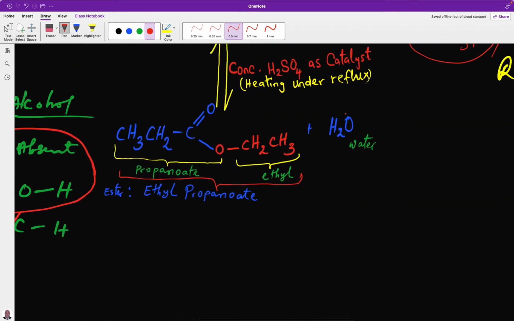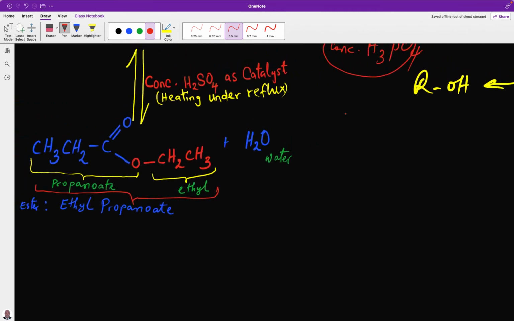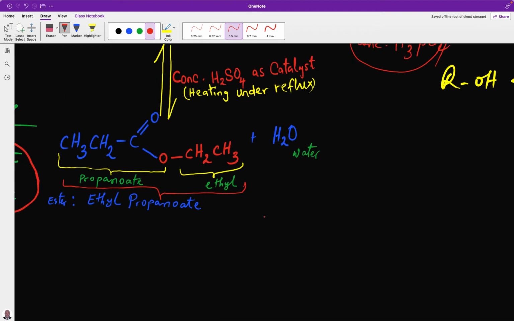Let's go back to our reaction here. This is our reaction product that we have got. Here we have the structural formula of the product.